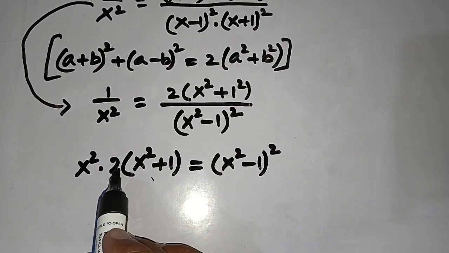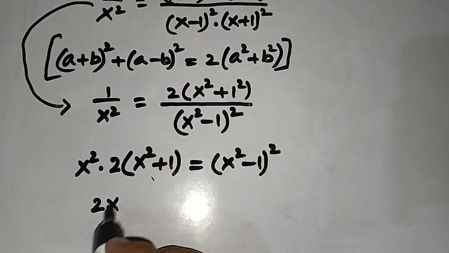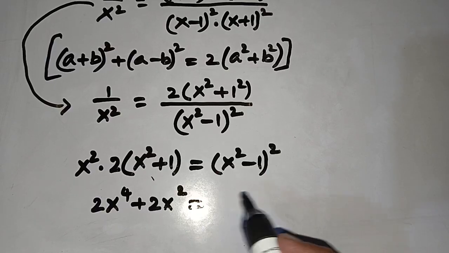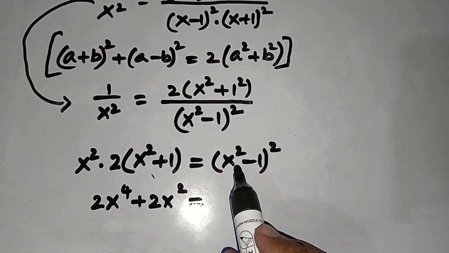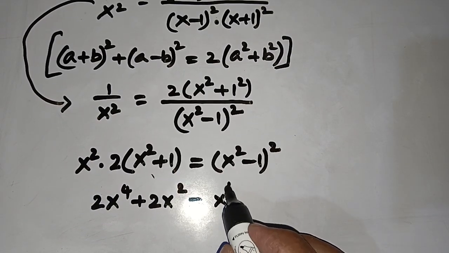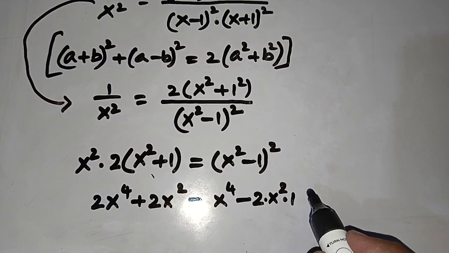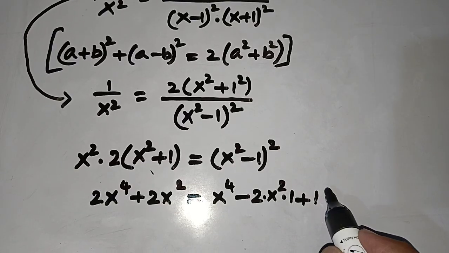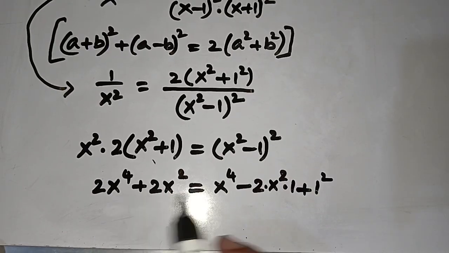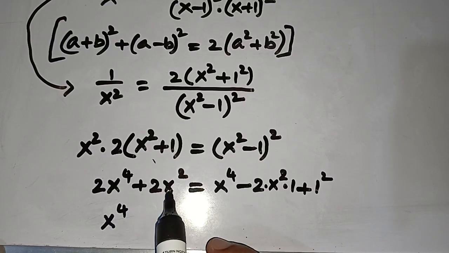So now multiplying x square and 2 with the terms, we get 2x to the power of 4 plus 2x square is equal to, and expanding using the formula (a minus b) whole square, we get a square, that is x square whole square, x to the power of 4, minus 2ab plus b square, that is 1 square, and finally 2x to the power of 4 minus x to the power of 4 gives x to the power of 4 plus 2x square.